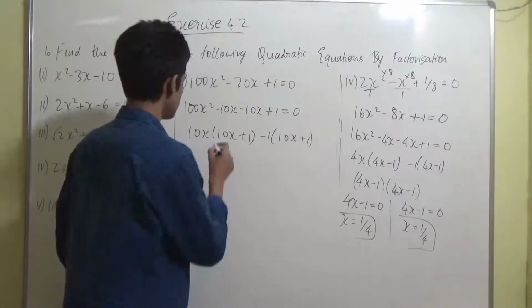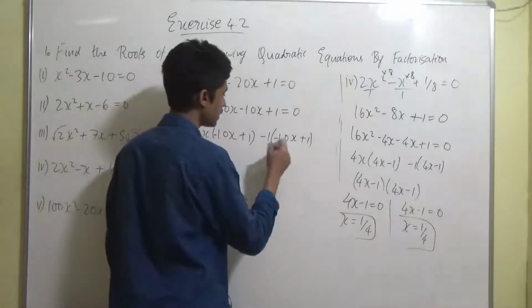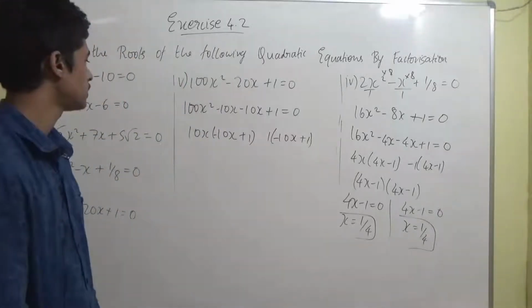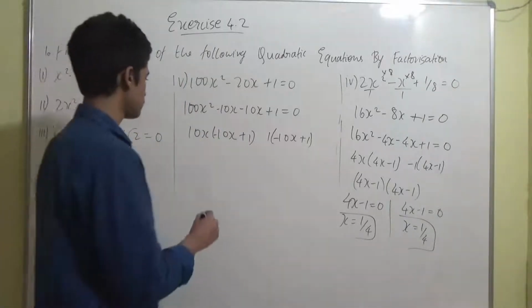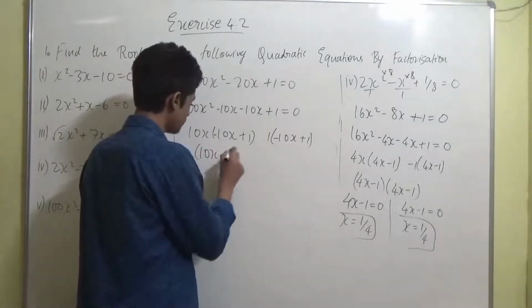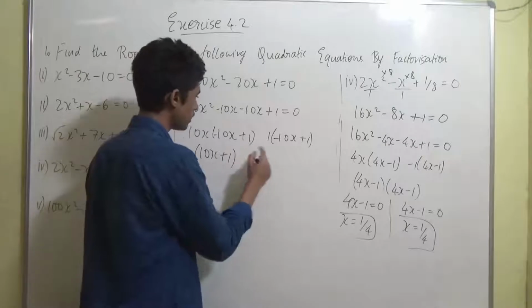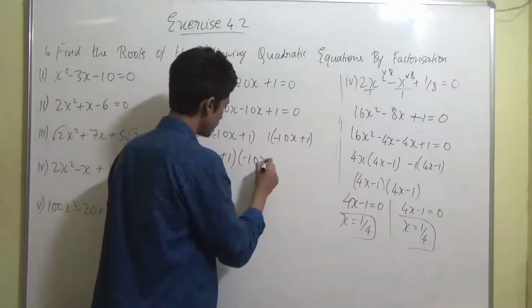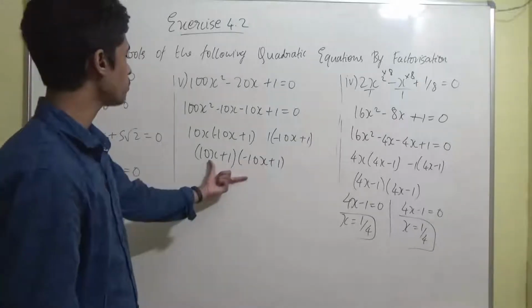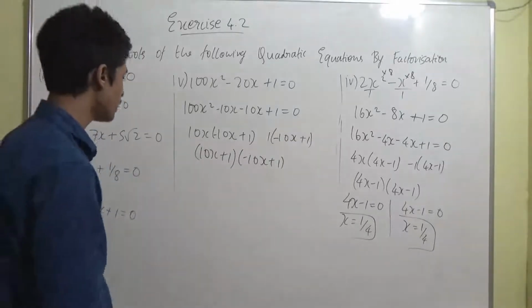Okay, this is like minus 10x plus 1, minus 10x plus 1. Here it's only 1. Getting it? So it is like 10x plus 1, this common, and this one will take in common, minus 10x plus 1. These are the values of x.